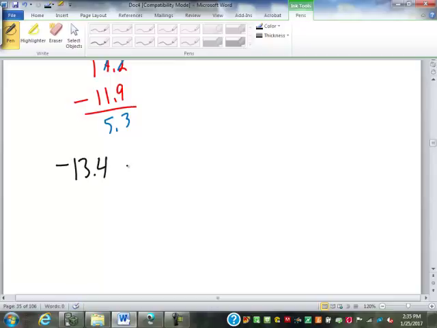So let's say I have a negative 13.4 plus a negative 18.7. I start out at 0. 13.4 goes this way. Negative 18.7, same direction or opposite?